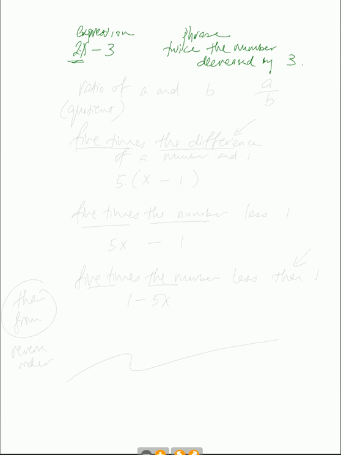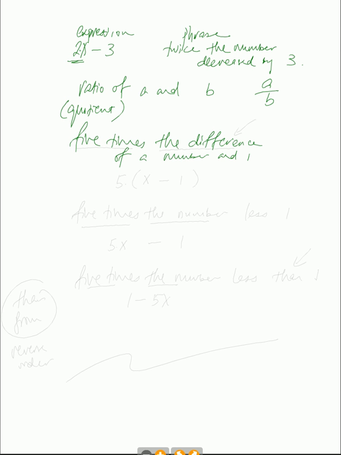So we're going to talk more about this, but think about things like ratio. Okay, so ratio of A and B really just means A divided by B. It's really no different from quotient. So another way of saying that is really your quotient. We also say 5 times the difference of a number and 1.